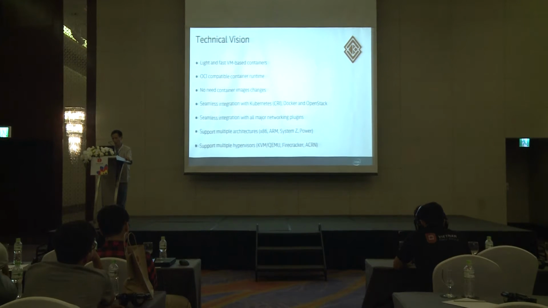It also can be seamlessly integrated with network plugins, and it supports multiple architectures. Currently, Kata container supports x86 and ARM, and some of the engineers from IBM contributed to Kata container to support IBM System Z and the IBM Power platform. And Kata container also supports multiple hypervisors.